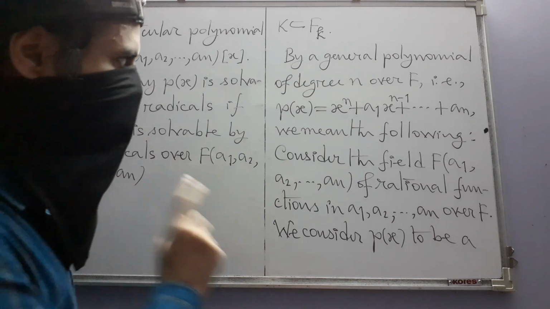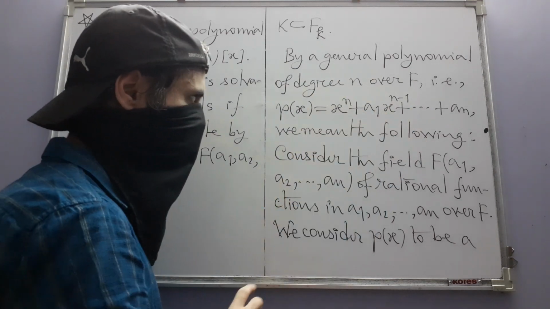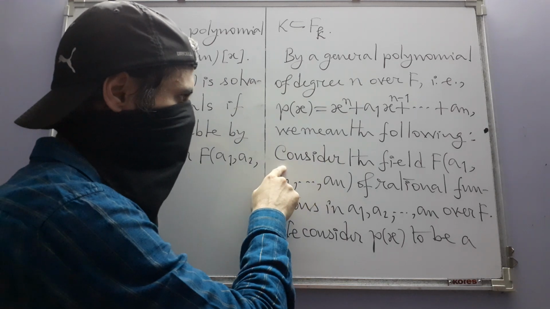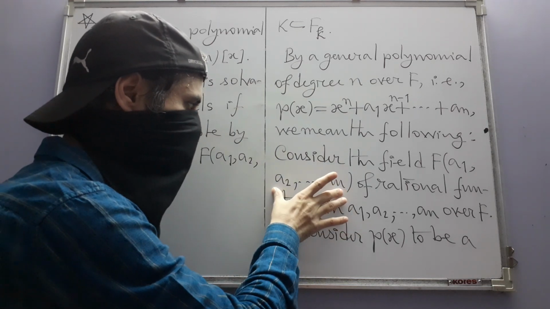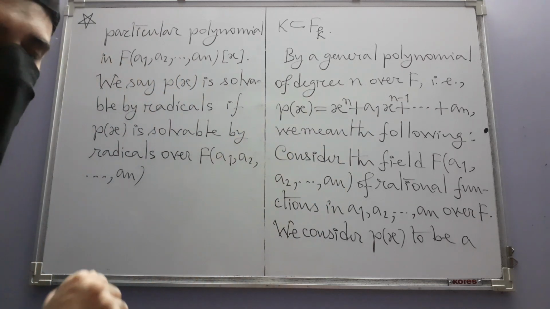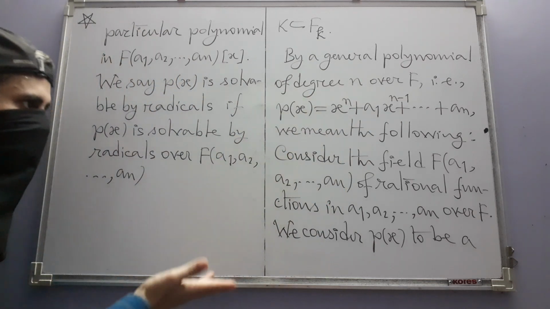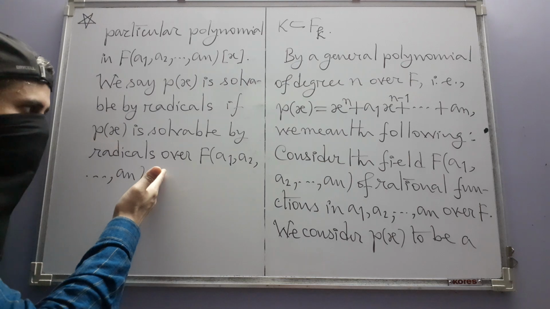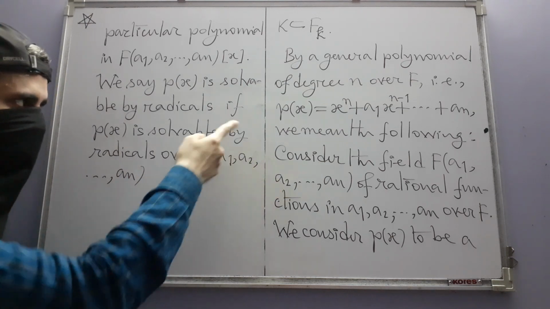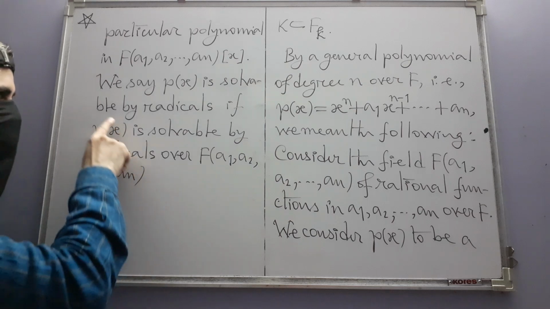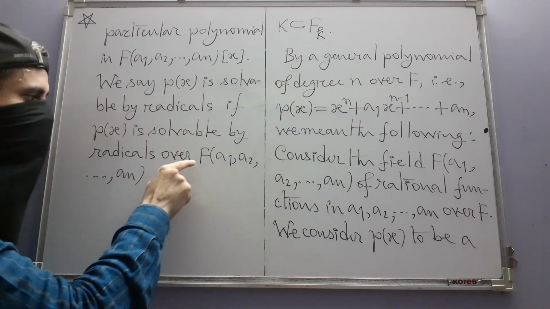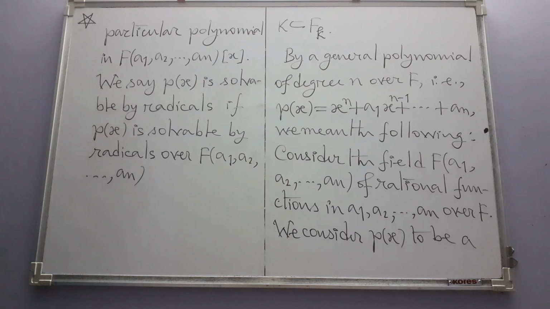First of all, if we are given a general polynomial like this of any degree, then we consider it to be a particular polynomial over the field of rational functions in its coefficients. And then, considering that as a particular polynomial, whatever we do with a specific polynomial will be done to P(x). For example, P(x) will be called solvable by radicals if it is solvable by radicals over this field.